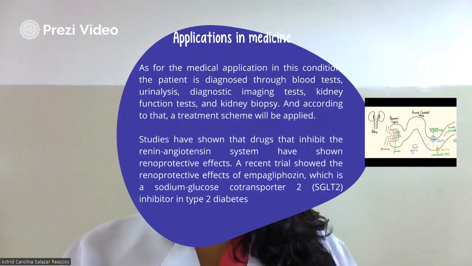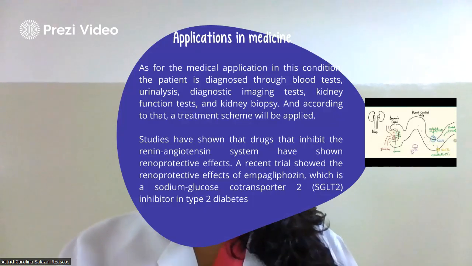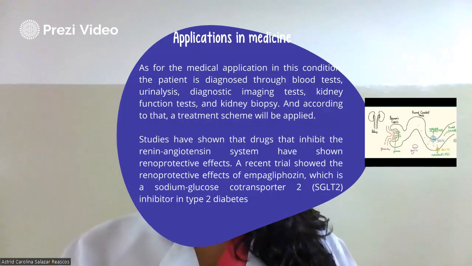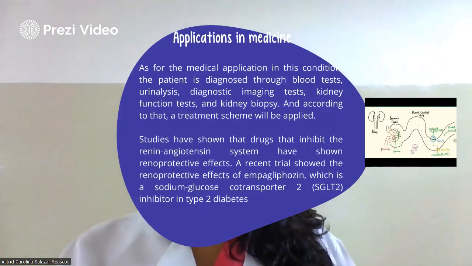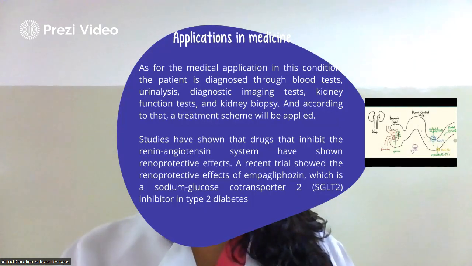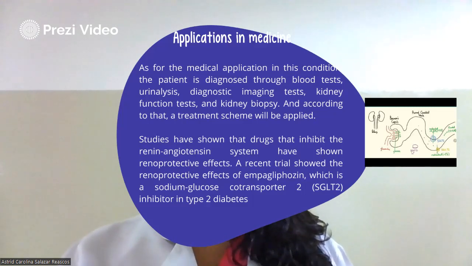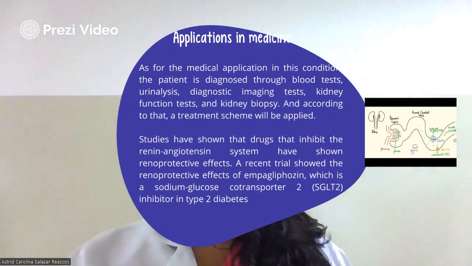Studies have shown that drugs that inhibit the renin-angiotensin system have shown renal effects. And recent trials show renal effects of empagliflozin, which is a sodium glucose transporter 2 (SGLT2) inhibitor, in type 2 diabetes.